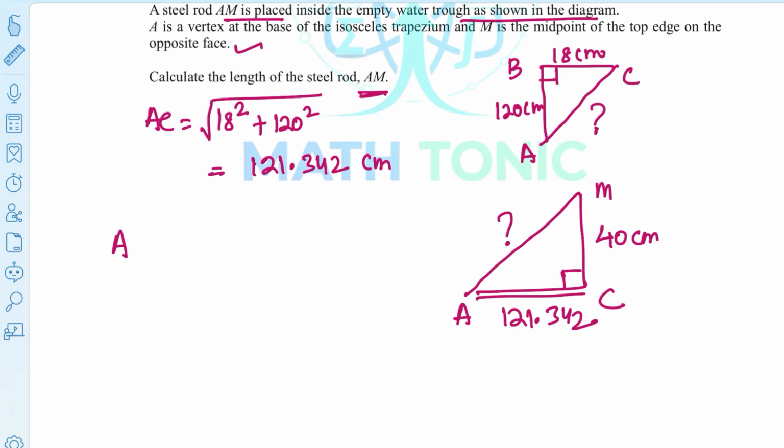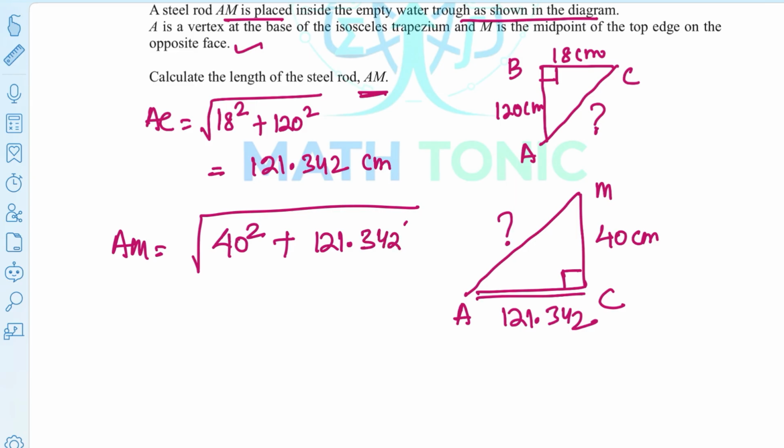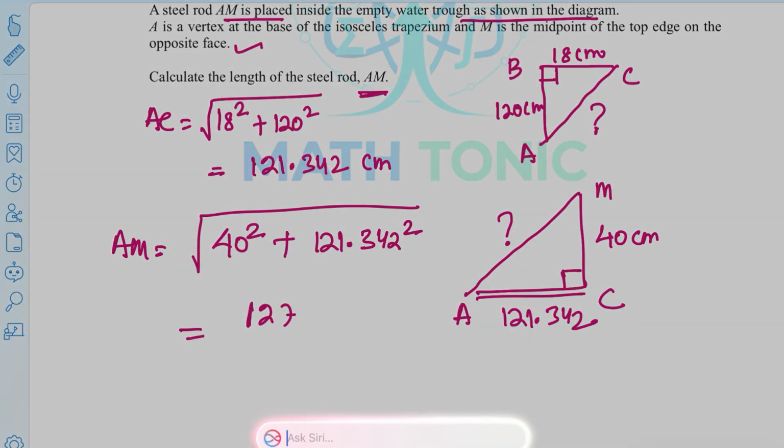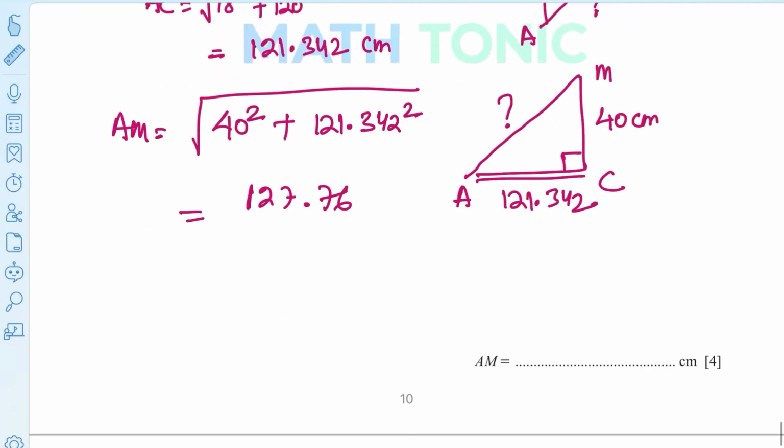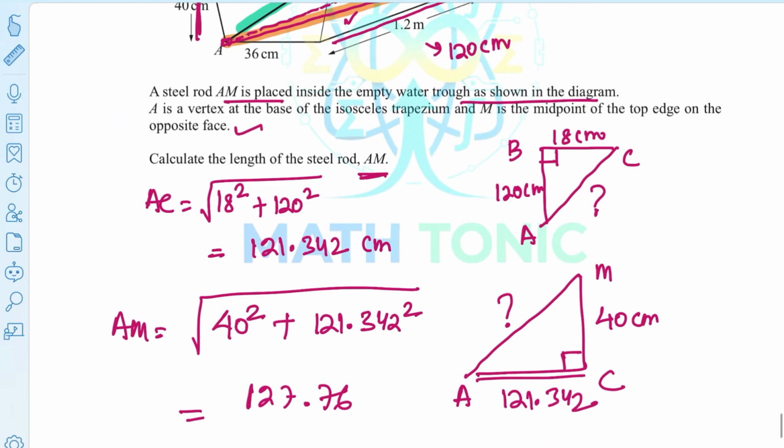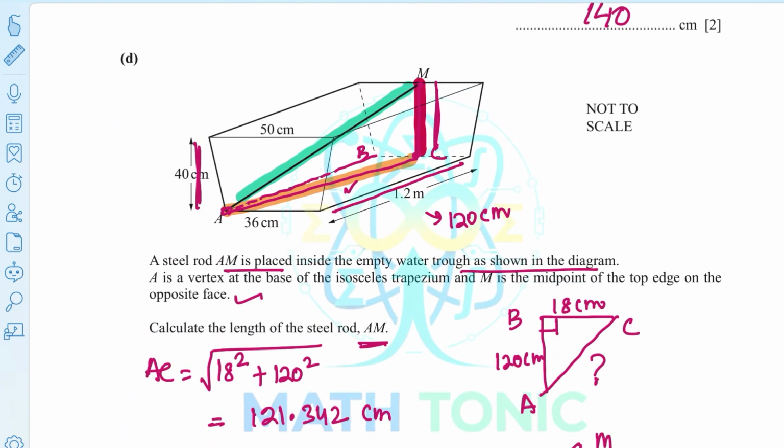Again, this is the Pythagoras theorem. So AM equals the square root of 40 squared plus 121.342 squared. When you type it in the calculator, you might get the answer 127.76 centimeter. Is it okay, everyone? Right?